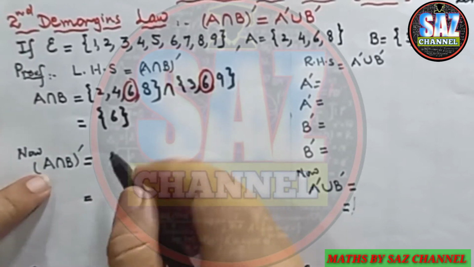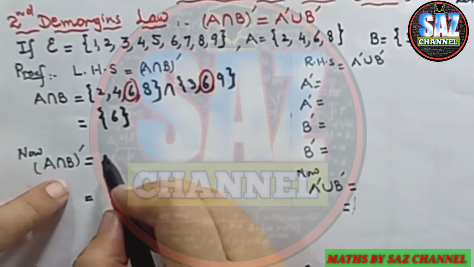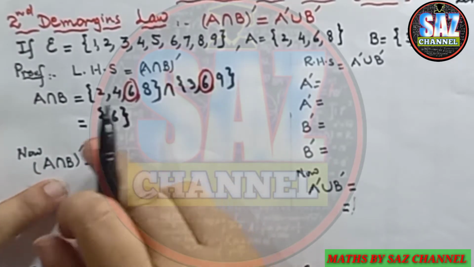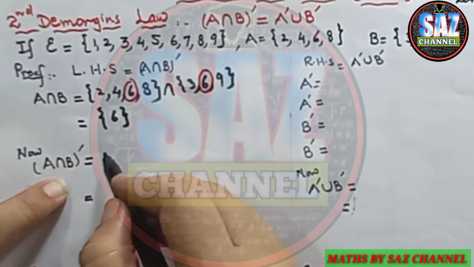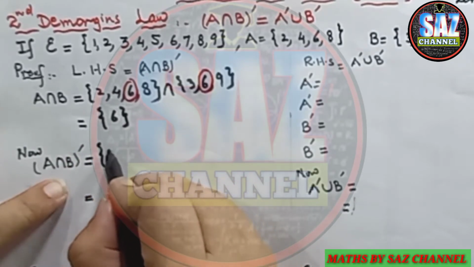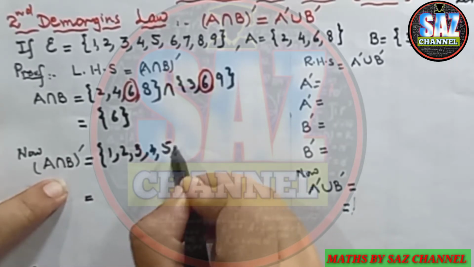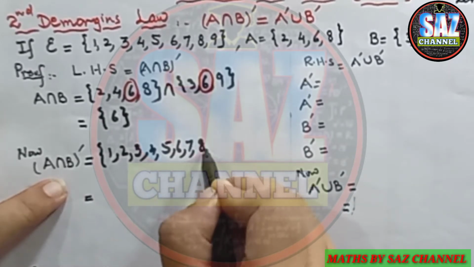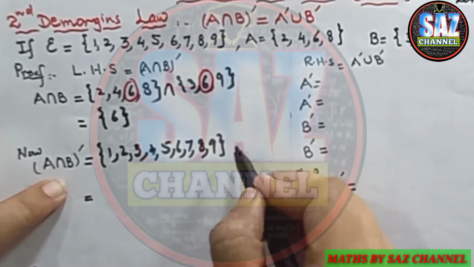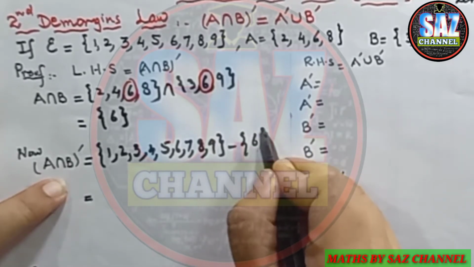Now A intersection B complement means that I have to take away this element, the answer of A intersection B, from the universal, and my expression will take the form 1, 2, 3, 4, 5, 6, 7, 8, 9 minus 6.